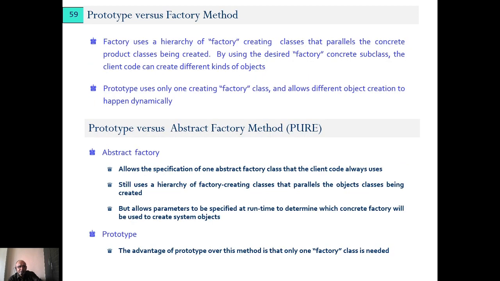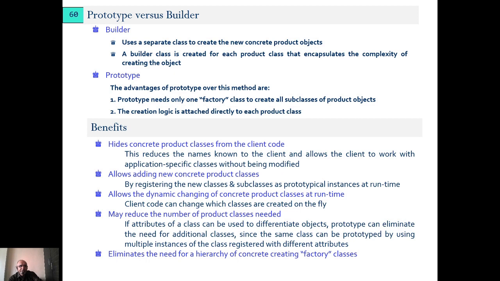And prototype versus abstract factory. Abstract factory is considered to be the pure one, whereas prototype consists of only a factory class if needed. So there is no hierarchy presented. Only at runtime instances is the concentration made with the prototype, right?